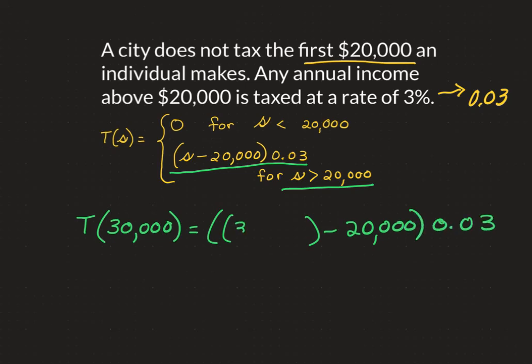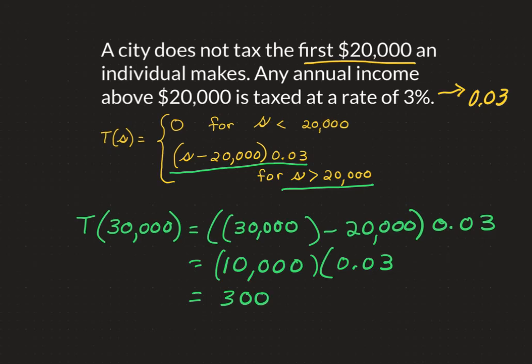The value of the variable is $30,000. That means this is $10,000. 30,000 minus 20,000 times 0.03. So we have $300 in tax that she will have to pay.